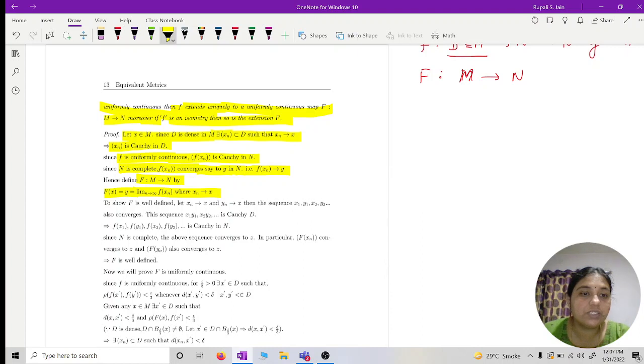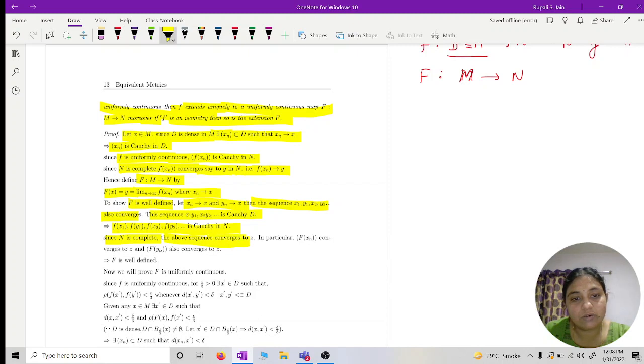Now first we will show this F is well defined. So let xn converge to x and yn converge to x. Then the sequence x1, y1, x2, y2, and so on also converges, and this sequence is Cauchy in D. So this implies f of x1, f of y1, f of x2, f of y2, and so on is also Cauchy in N. Now N is complete, so again we will use that property.